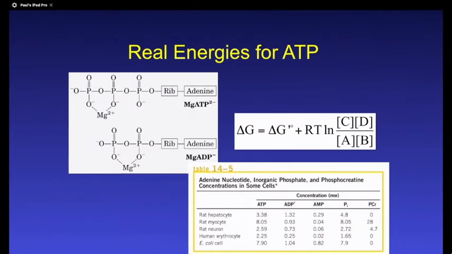If I take a look at the energy for ATP itself, okay, there's a lot of energy, you know, negative 30.5 kilojoules per mole. Can anybody tell me where all of that energy comes from in the ATP molecule? Why does ATP like to be broken down?